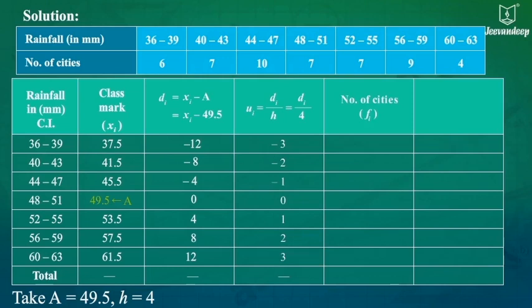In column 5, frequencies fi are written. In column 6, values of the product fiui are written.